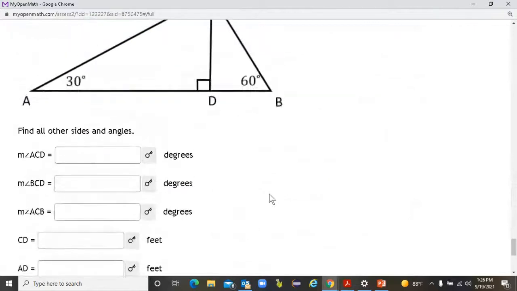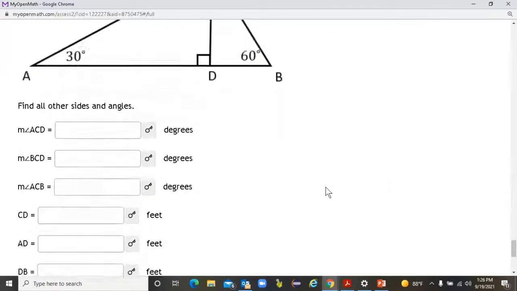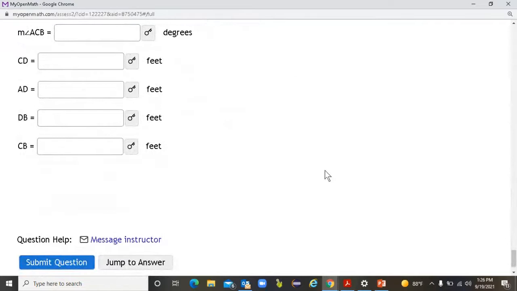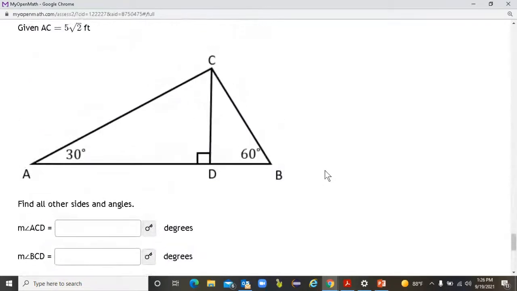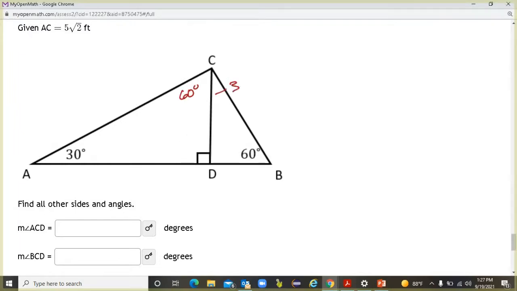And so now again, on this last one, you're going to do the same thing, but it wants you to find all the different pieces. But you can use trig here, or you can just use the special right triangles. So you know that this one's 60, you know that this one's 30. It tells you up here that AC is 5 square root of 2. So that's the hypotenuse.